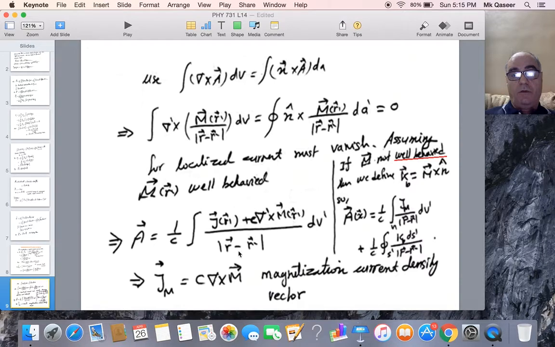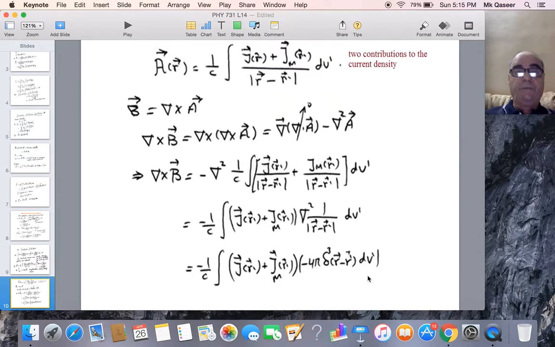Now we will call this c curl M as J sub M, the magnetization current density vector. So A is given by this. It has two contributions, the external or free current and the contribution from the magnetization.